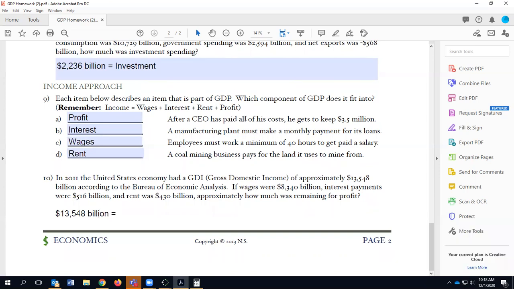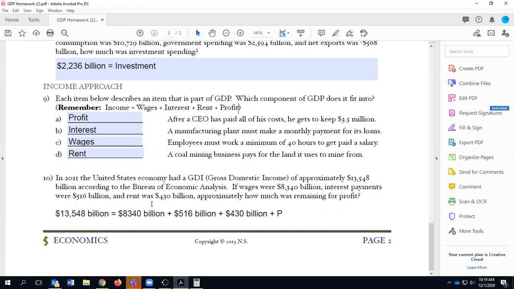And then our wages, I'm using this formula. Wages were 8,340 billion. I can spell billion, I swear. And then plus interest. Interest payments were 516 billion. And then plus rent was 430 billion. And then we need to find out what our profit is.